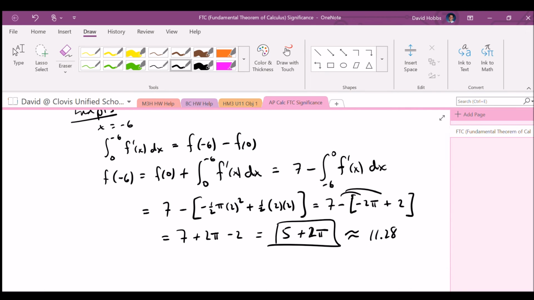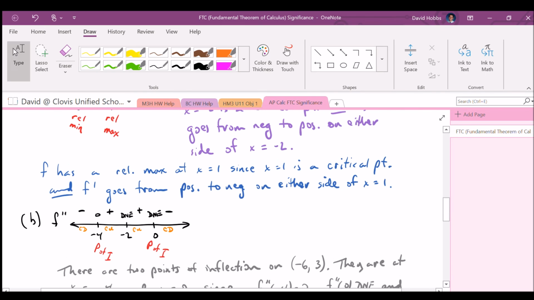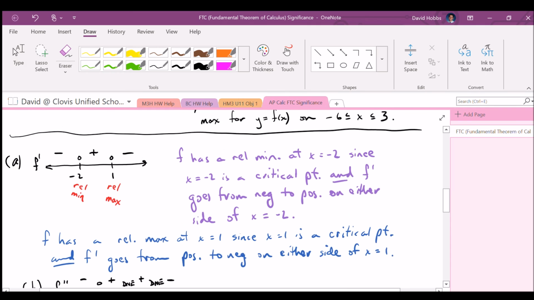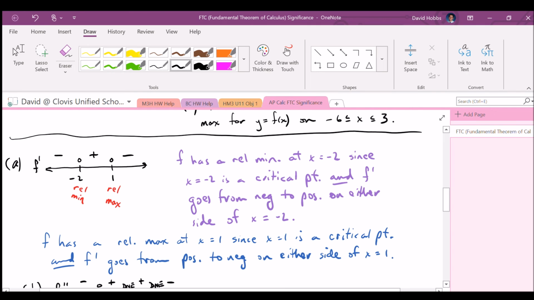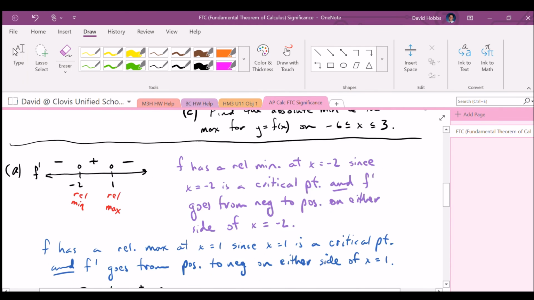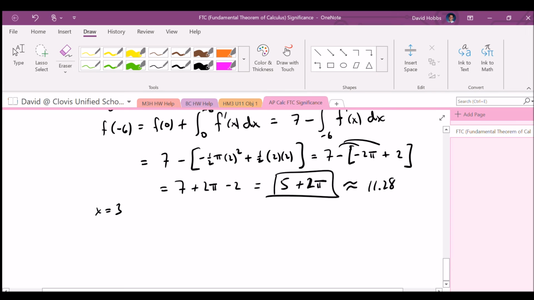Okay, last one, the other endpoint, x equals 3. Now I can go from 0 to 3, or I could even go from 1 to 3, because we already calculated f of 1. Either way works, since you just have to work with something that you already know.